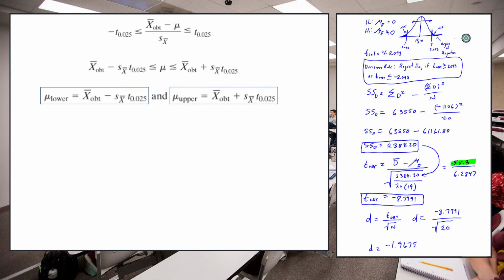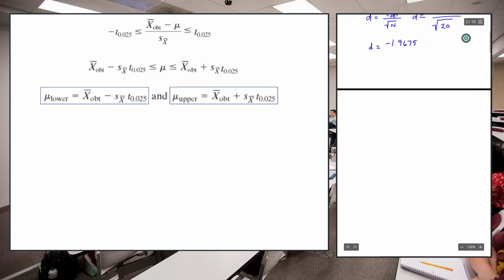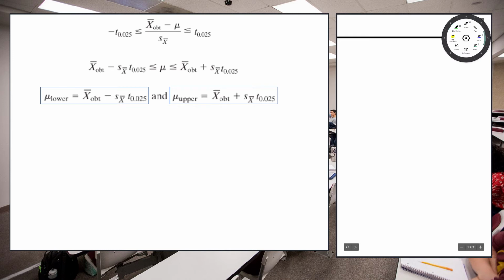The second thing we need: we're going to take our sample mean, our x bar, and subtract the standard error times the critical value of t. Our standard error is simply our denominator, and the critical value of t was plus or minus 2.093. Okay, so let's go ahead and compute the upper and lower bounds.